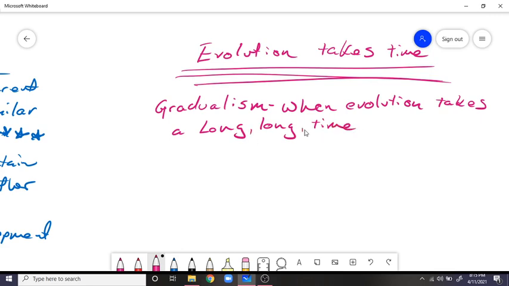When the change is very slow, the environment is very stable, nobody has an edge over anybody else, it takes a very long time.